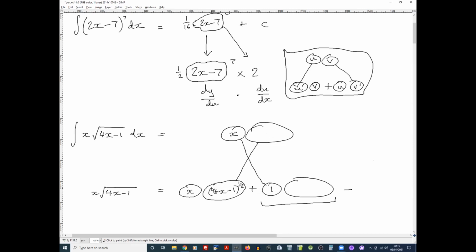So we've got blob to the power of a half. Anything to the power of a half integrates to 3 over 2. Blob to the power of 3 over 2. So what would the coefficient in general be if the new power is 3 over 2? It would have to be 2 over 3.